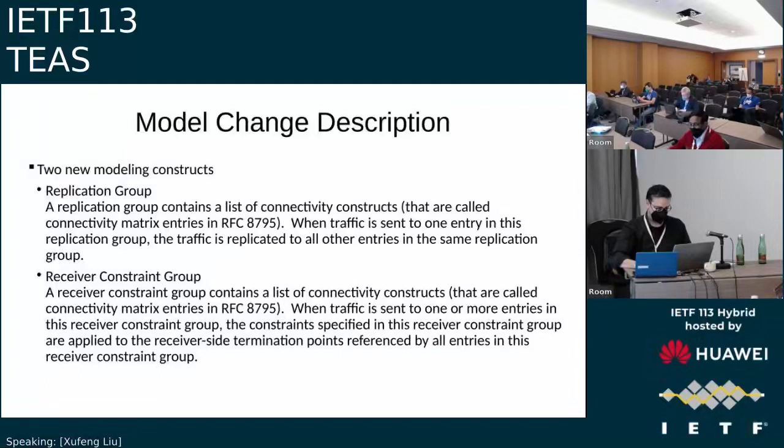In a similar way, if we group several P2P constructs into a receiver constraint group, then we know on the receiver side we have a constraint, so we need to have the constraint applied to all those constructs to achieve MP2P.